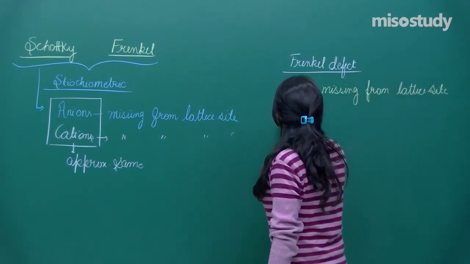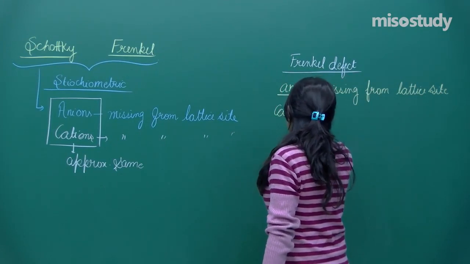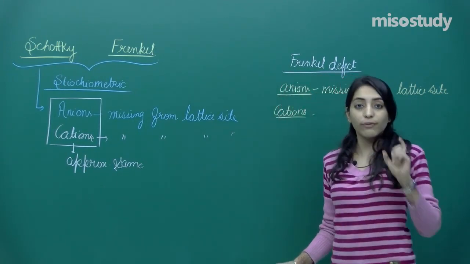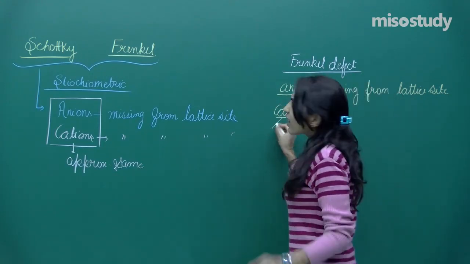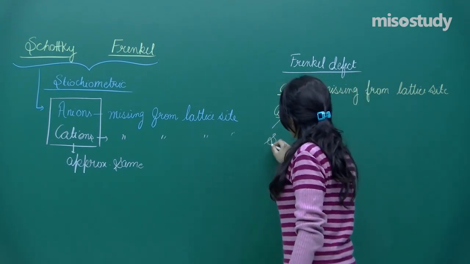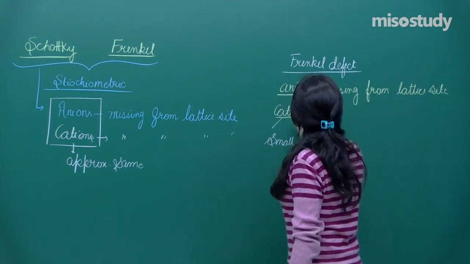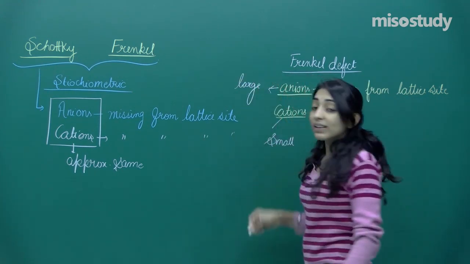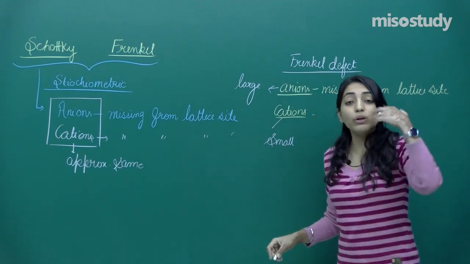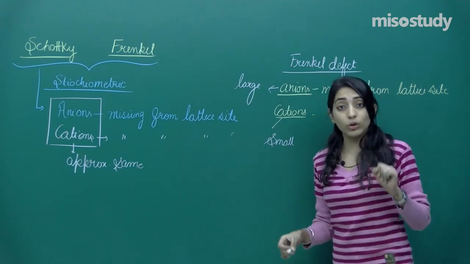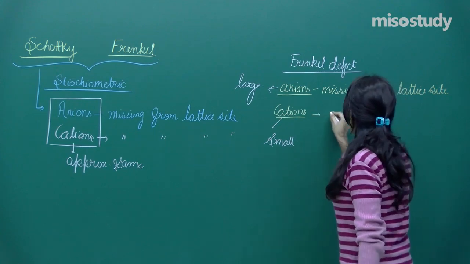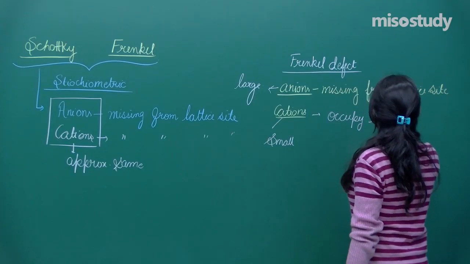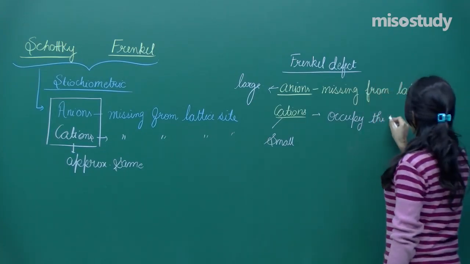Now actually what happens is the sizes of the cations and anions are way different from each other. The cations are very small in size compared to the large size of anions. So rather than the cation being forced to leave the crystal, it will go and occupy the interstitial voids.